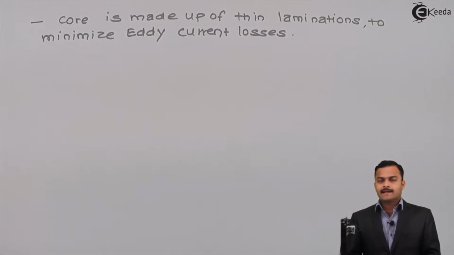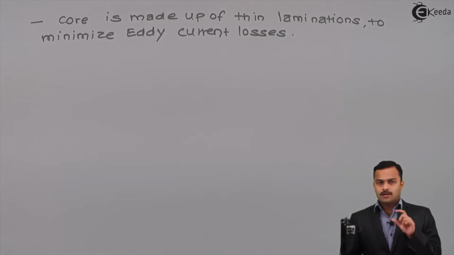Because eddy current is happening because of a high width material. So what we are doing over here, we are providing the thin laminations of 0.5 or 0.7 mm so that we can have a width very less.